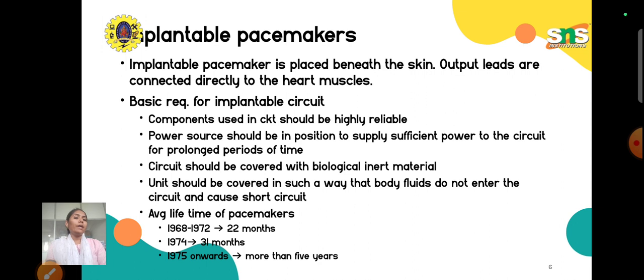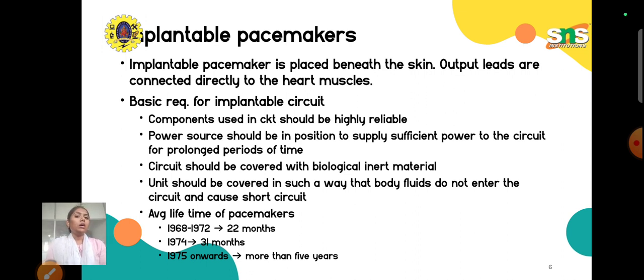There are some basic requirements which have to be met when we are designing this type of implantable pacemaker. The reason is that, as I said before, we are going to place this pacemaker inside our body. So what are the basic requirements to be focused on? First, the components used in the circuit should be highly reliable.